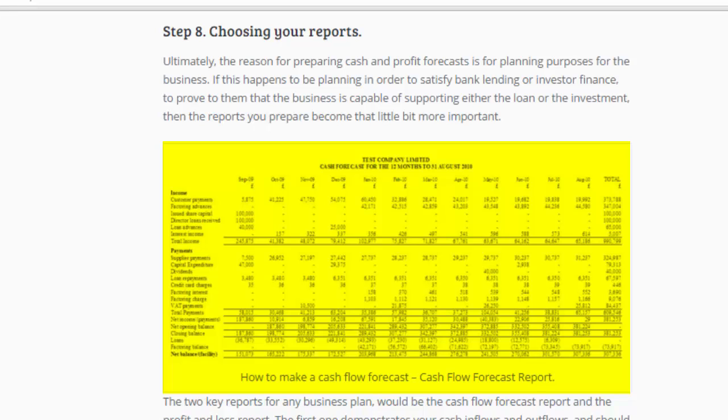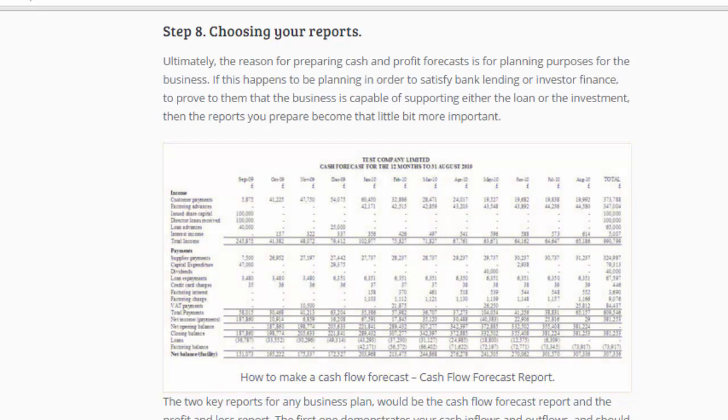All your sales income, including VAT, all your cost of sales, including VAT, all your overheads, all your payroll costs, the amount paid to the government, VAT payments, loan repayments, capital purchases, sales of assets, and so on. And it would also incorporate any loans from banks or investment from investors. And at the end of it, it will give you a summary of what you're left with in the bank. But also, it's always a useful thing to have underneath your cash flow forecast a net loan summary, so you can have a look at what your net position is.